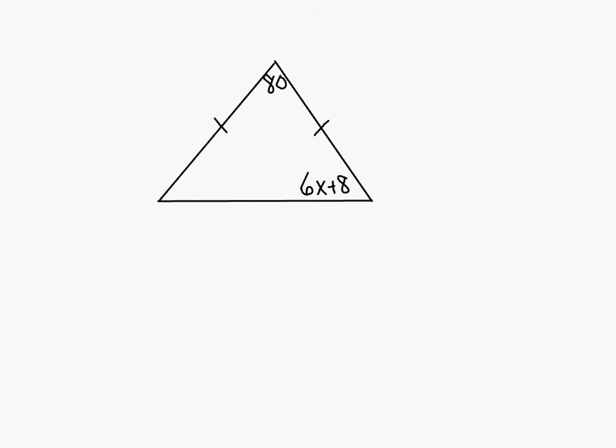All right, draw this triangle. Let's make the top angle 80, and those two sides congruent. The angles are labeled 6x plus 8, and the sides 4y minus 2 and 2y plus 2. We have to find the value of each variable.